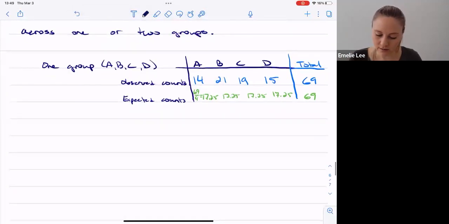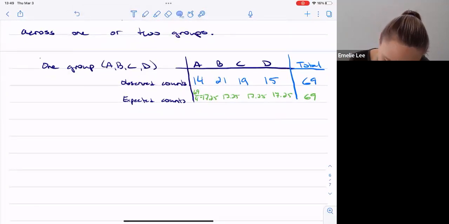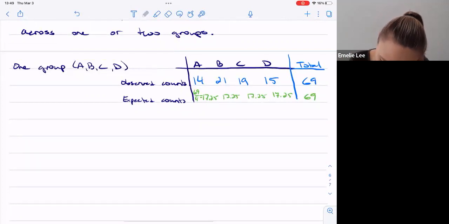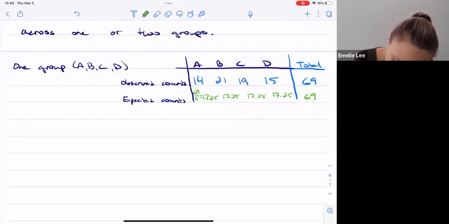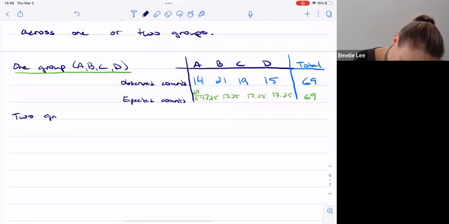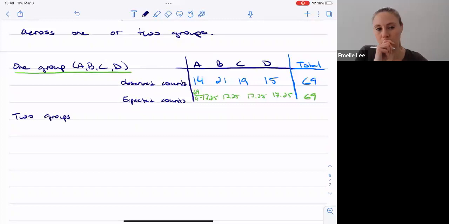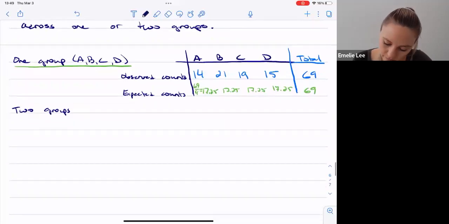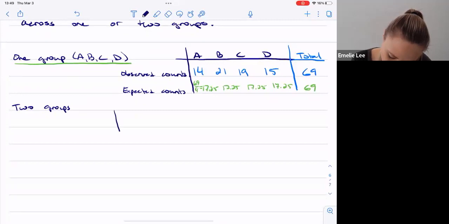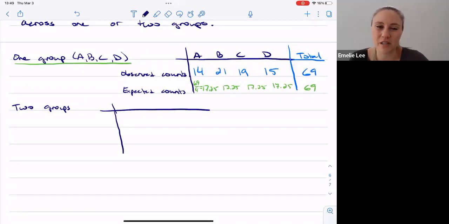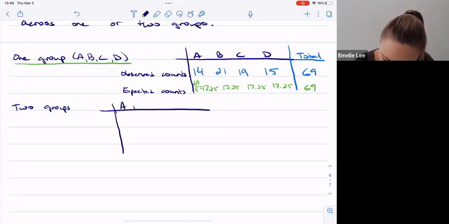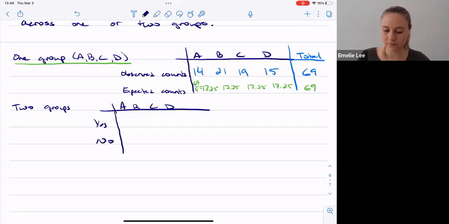So, and maybe I'll scoot this over here. Here's one group. If I have 2 groups, then it might look something like this. Now, I'm not going to show you the math here because we're not going to do it by hand, right? But maybe I have A, B, C, D over yes and no categories.